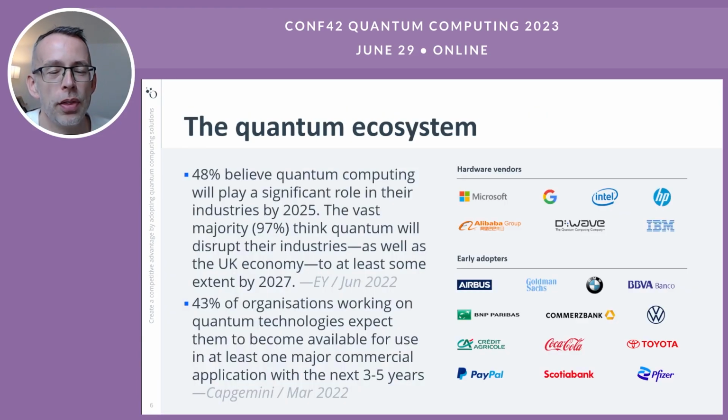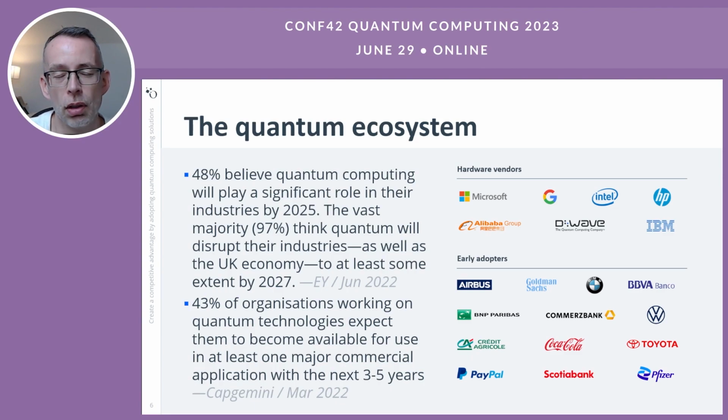In the business world out there, most industries are by and large convinced that quantum computing is going to be significant, even in the short term. By 2025, about half of companies believe that quantum computing will start to impact really practically.